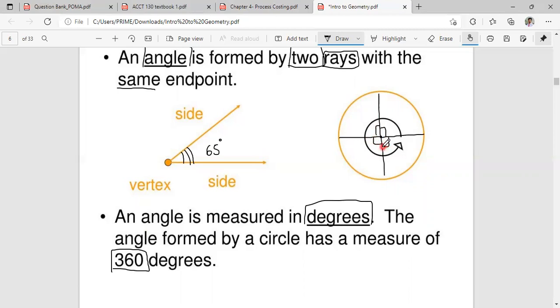The sum of all these angles will be equal to 360 degrees.